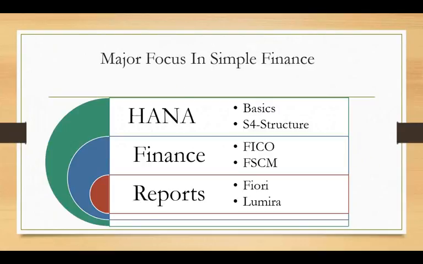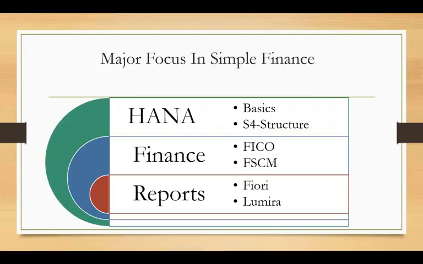Then, what are the major focuses in simple finance? There are three major factors. While we are learning simple finance apps, we need to concentrate on HANA. That means HANA means S4 updates. You need to understand the basics of HANA and S4 structure, because we are integrating the tables. As a functional consultant also, we need to understand the tables.